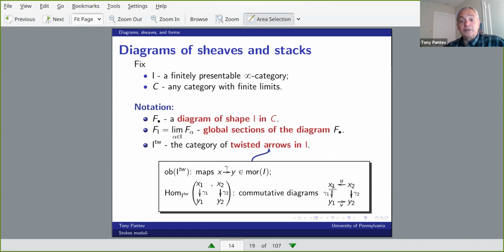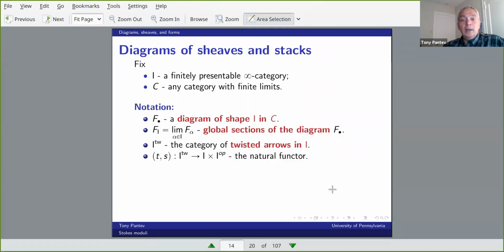So these are the twisted arrows, and they're composed in an obvious way. And so the category of twisted arrows has a natural functor to its source. Each twisted arrow you can map to its source or target. So you get a functor to I and the opposite of I.